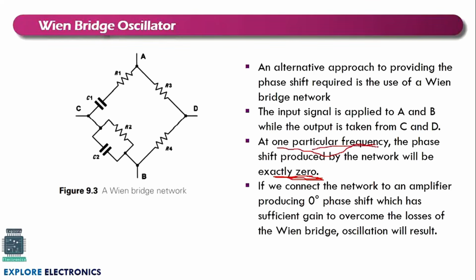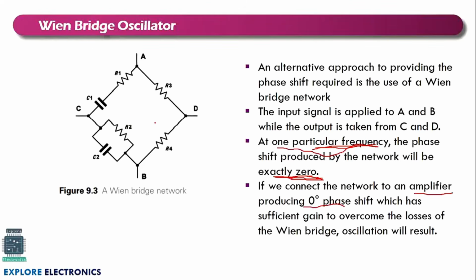That particular frequency is the resonant frequency. And if the feedback network is giving 0 degree, obviously the amplifier also should give a 0 degree phase shift. We should have an amplifier which is producing 0 degree phase shift, and this will act as a positive feedback, and at a particular frequency this circuit will give 0 degree phase shift. That satisfies the condition of oscillator.